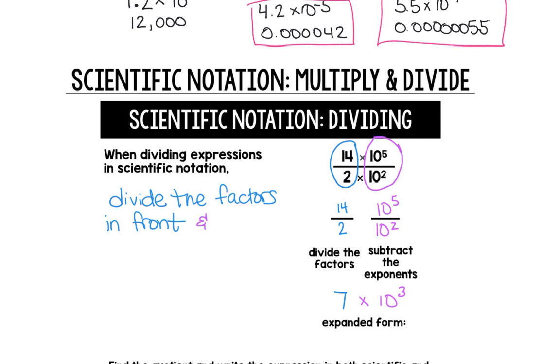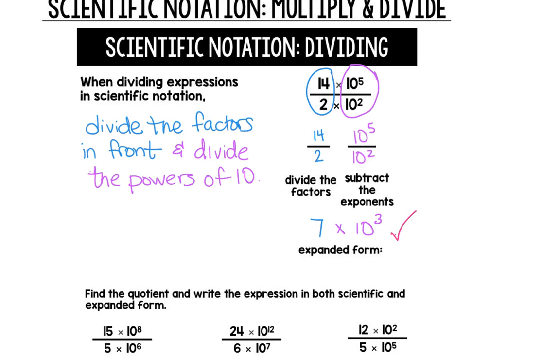Write the directions here and divide the powers of 10. And then if we want to put this in scientific notation right here. So if we want to put this in expanded form, this becomes 7,000. We're going to move that decimal place 3 places to the right.